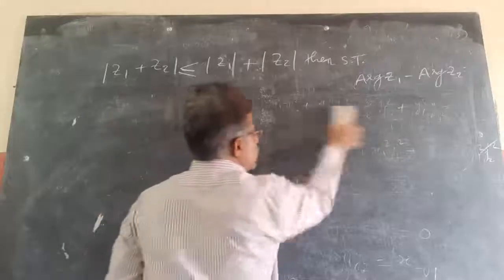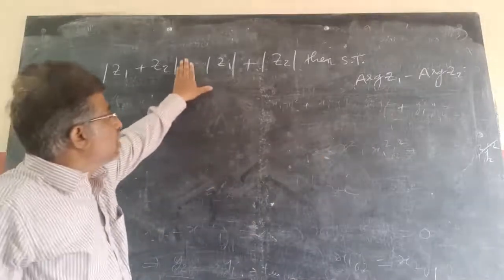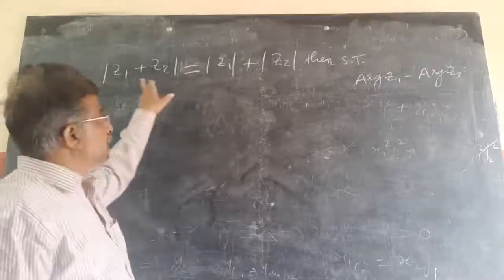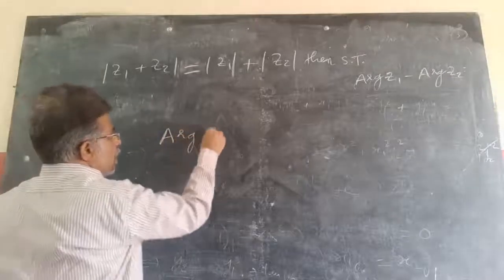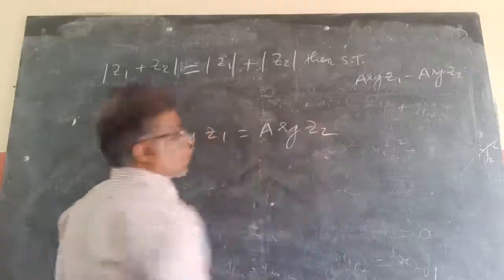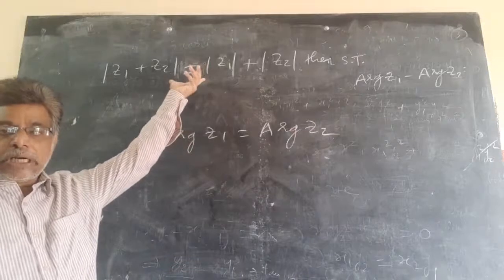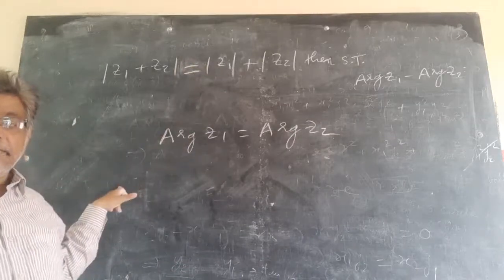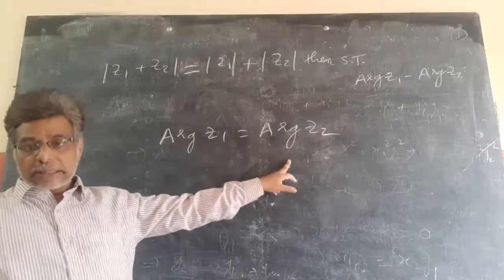So arc z1 always equals arc z2, then only equality holds. Equality of this modulus property is possible only if they are on the same line, meaning slopes are equal, meaning arc z1 equals arc z2.